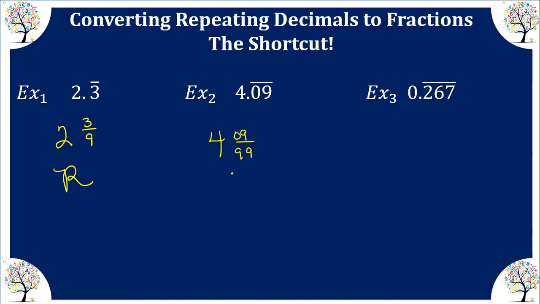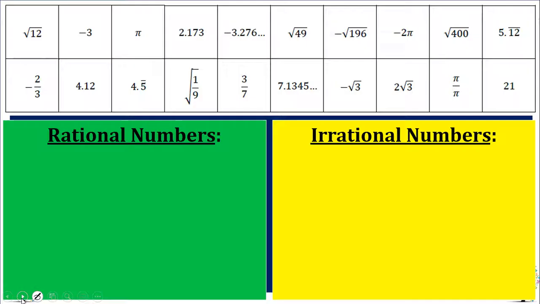I have two digits repeating, which would simplify to 1 over 11. And we can go ahead and simplify this as well. Then I have 0.267 and I have three digits repeating. So I'm going to put it over 999. So this is rational.